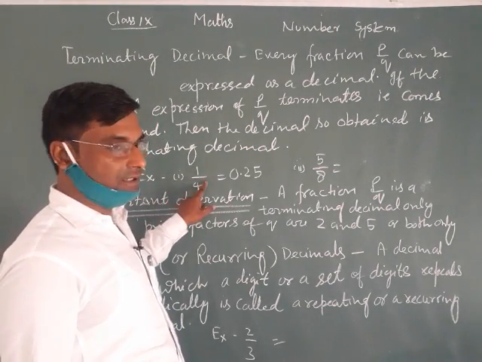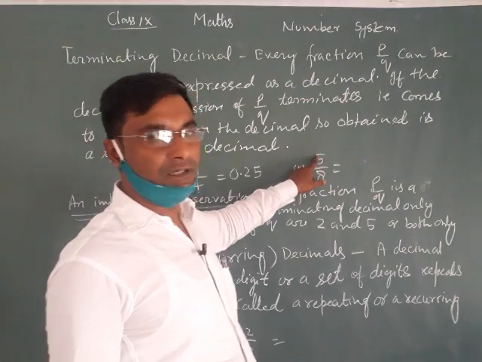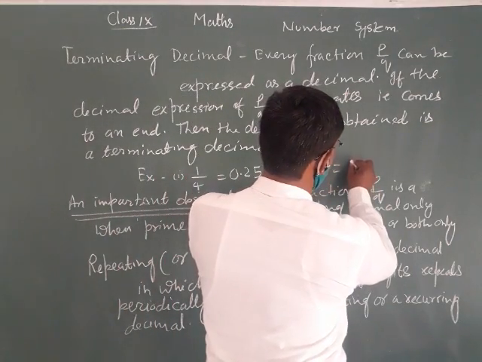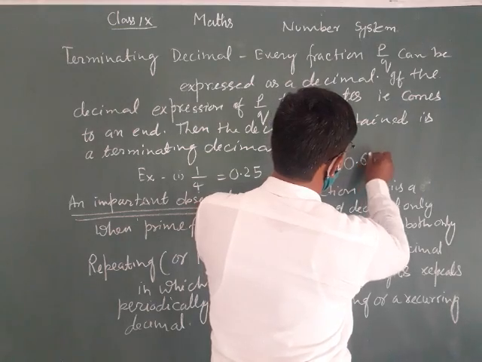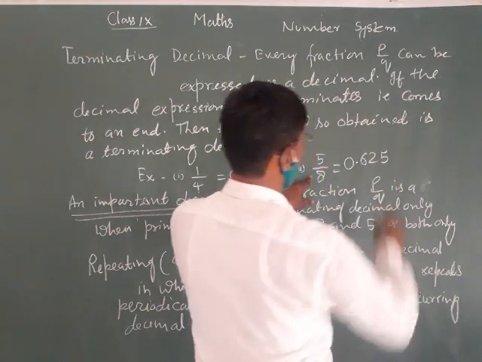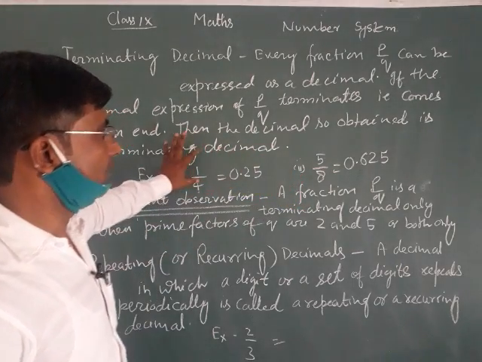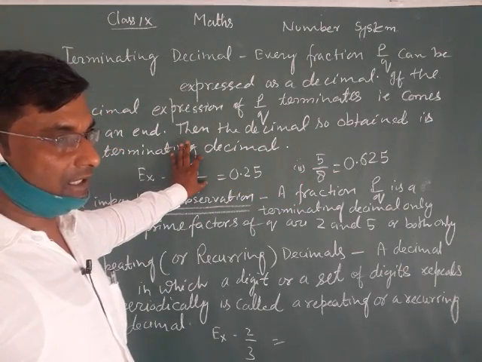This is terminating. Another example: 5 divided by 8 gives quotient 0.625, remainder becomes 0. This is a terminating decimal expansion.